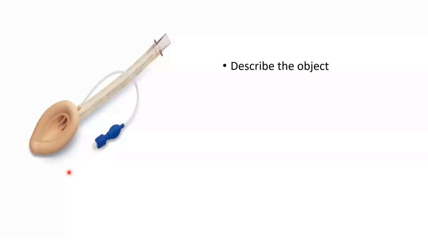So this is an LMA, that is, laryngeal mask airway. This is the first generation LMA. It has a patient end, it is connectable to the universal connector, and it also has an inflatable cuff.